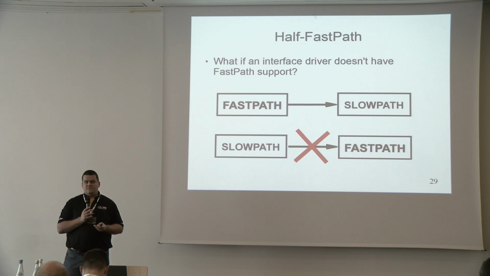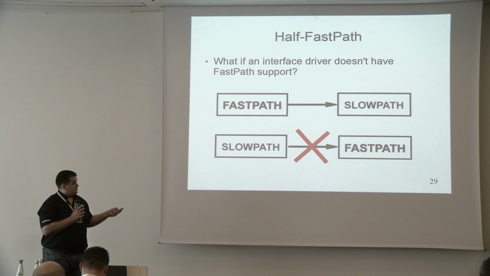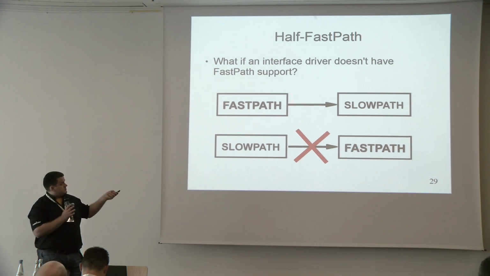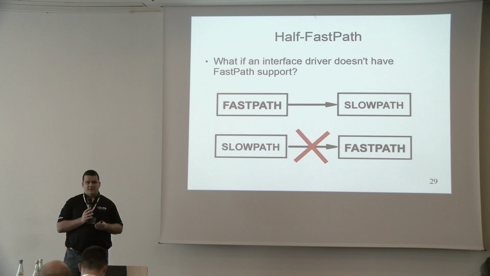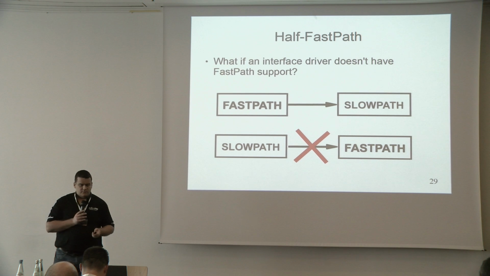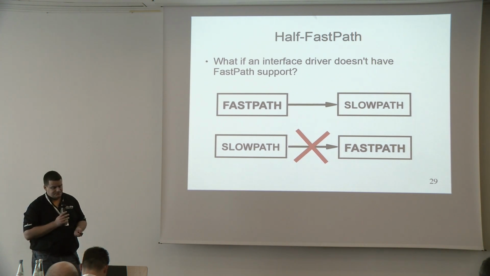But if your interface doesn't support FastPath and the packet arrives in a slow pathway, there's no way for the packet to speed up and get into the FastPath. So it's very important that on the receiving end, you receive your packets in the FastPath mode, then it can travel through the whole router in the FastPath.